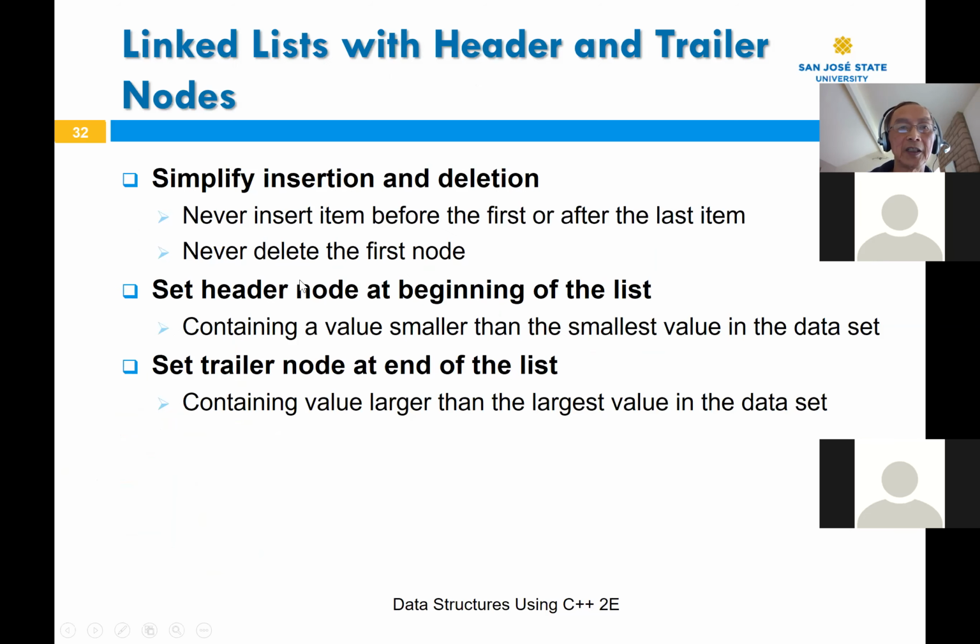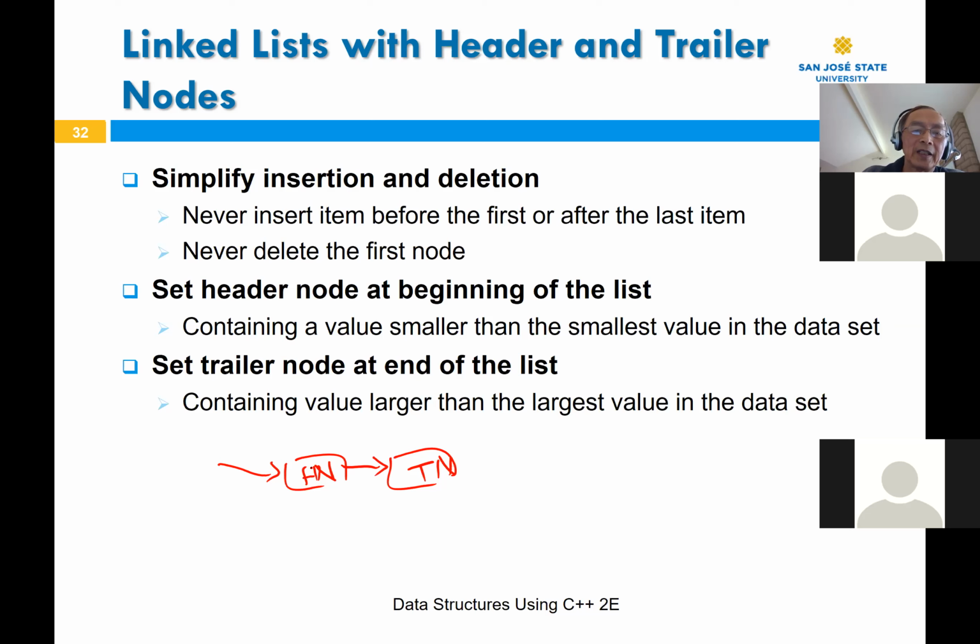Another type of linked list is the linked list with header and trailer nodes. What does this mean? That means any linked list, when we create it, automatically has two nodes in there. One is called the head, and one is called the tail node.